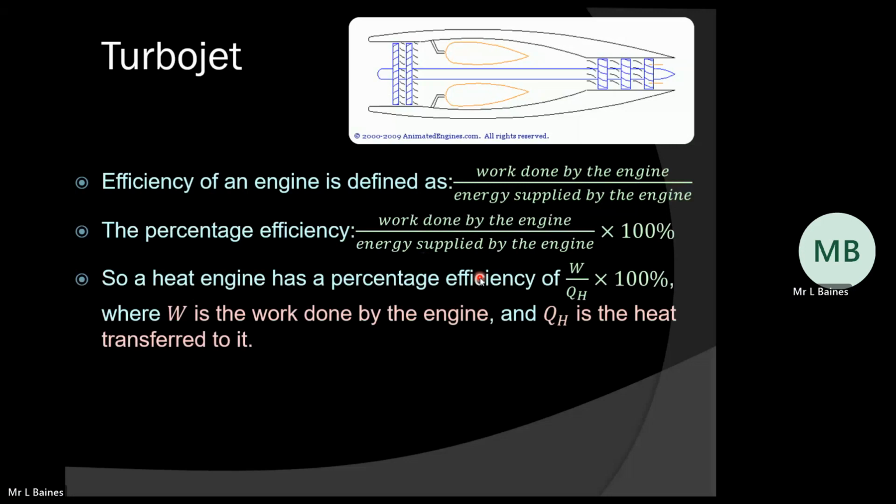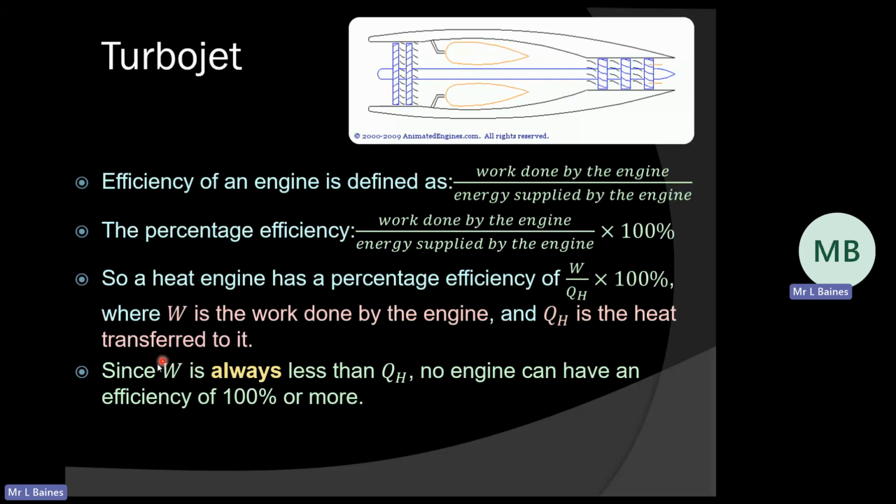So a heat engine has a percentage efficiency of the work done by the engine, the work we get out, over the heat energy that we put in, multiplied by 100. So we've got work divided by heat energy gives me my efficiency.